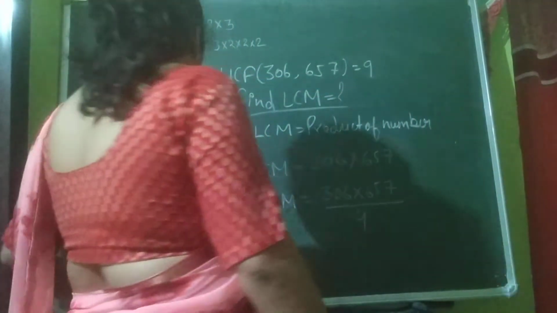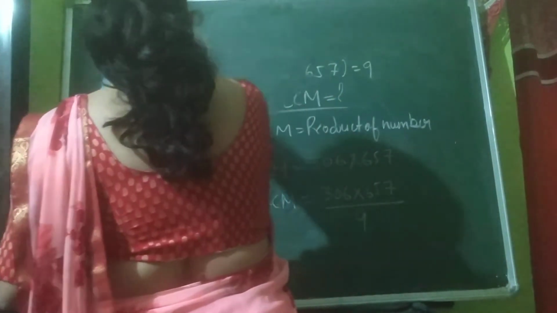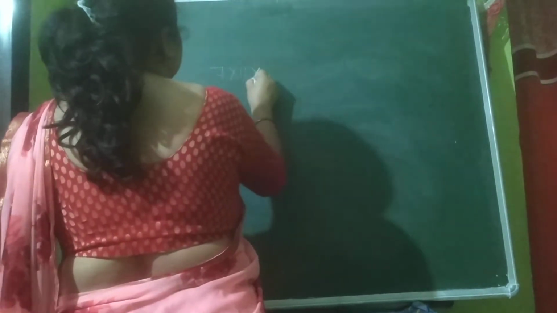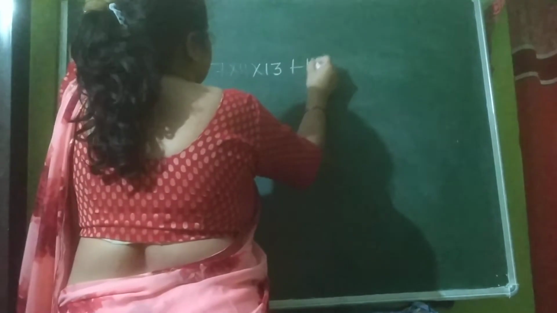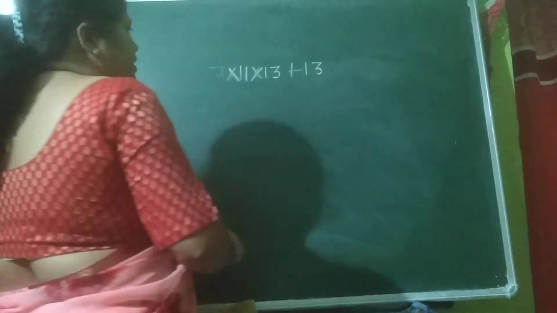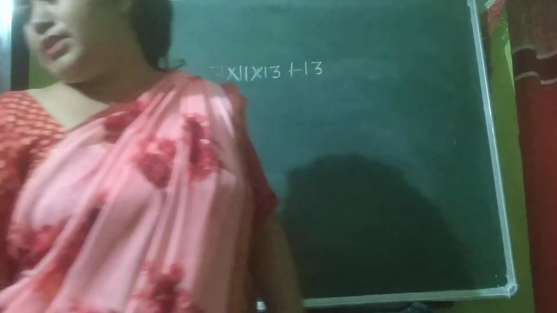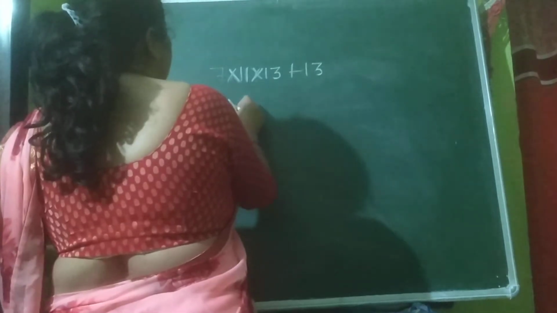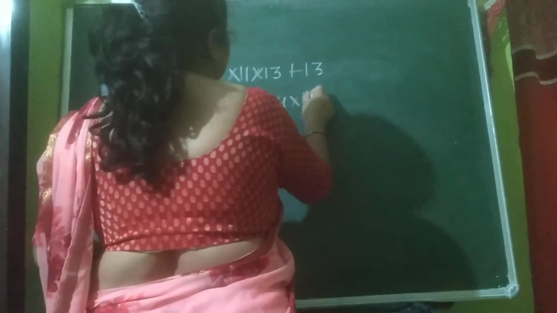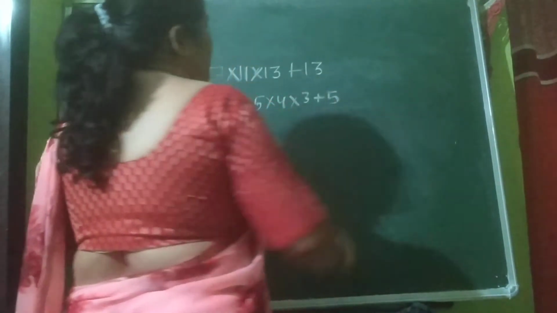In question number 5, they are asking you to explain why 7 into 11 into 13 plus 13, and the second number, 7 into 6 into 5 into 4 into 3 plus 5, are composite numbers.